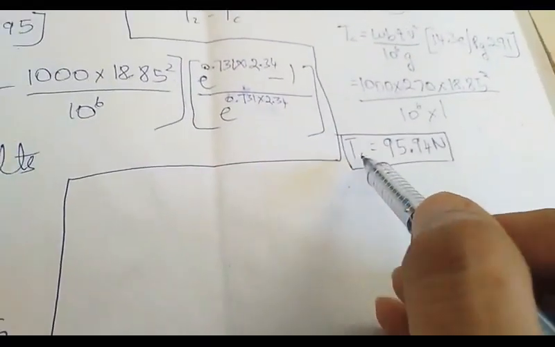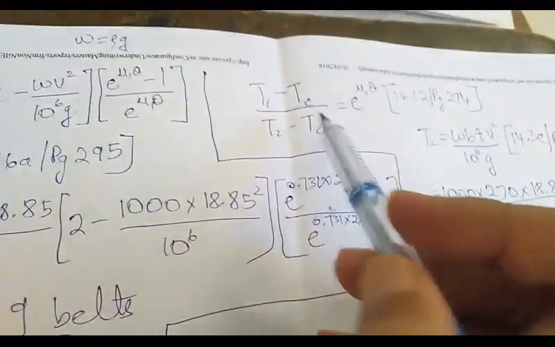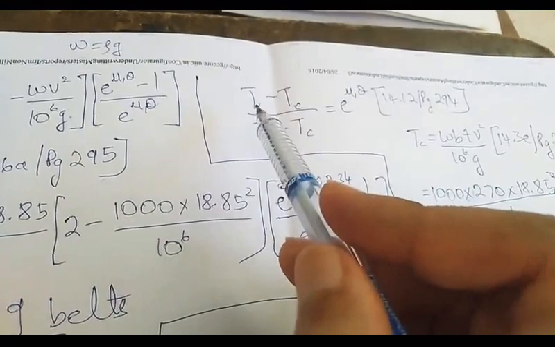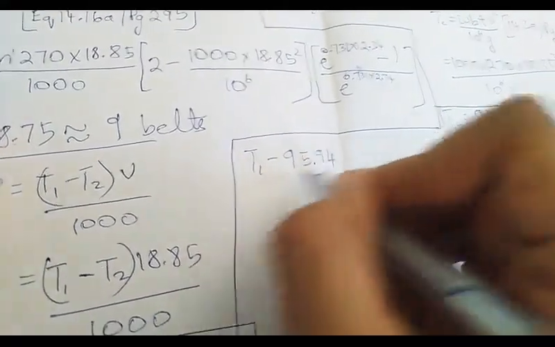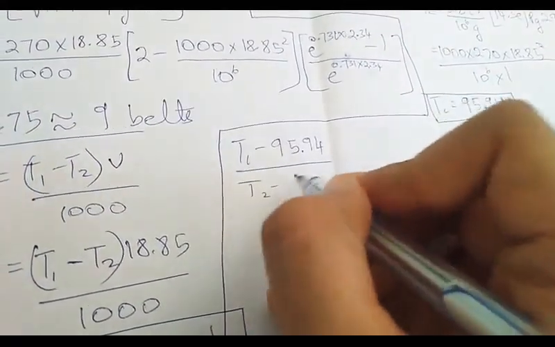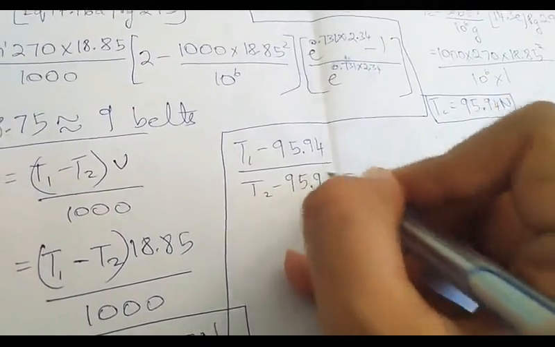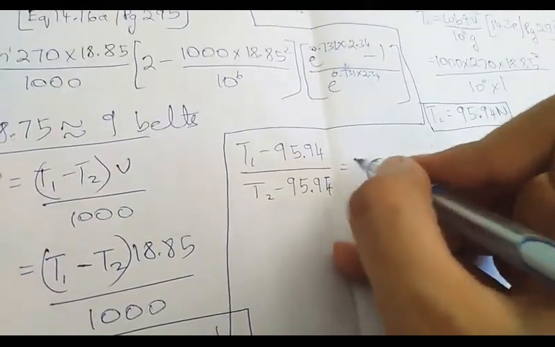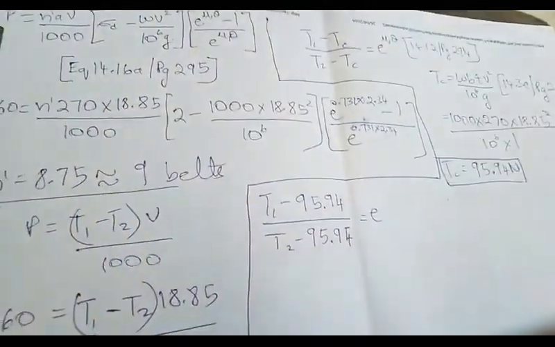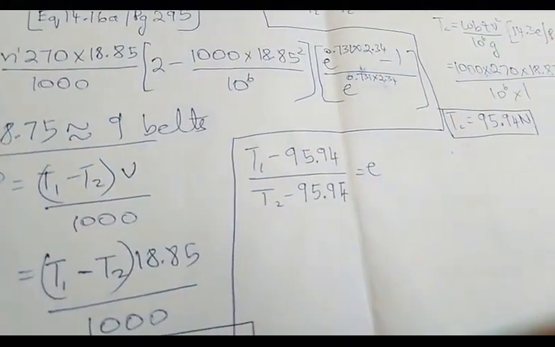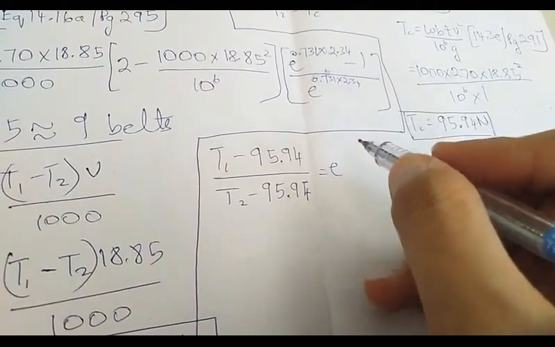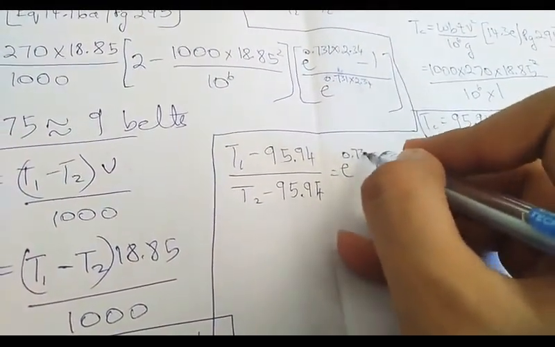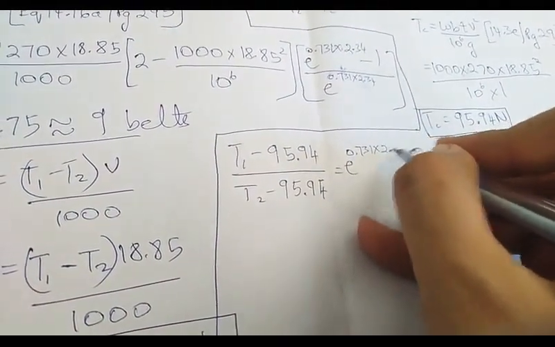Now I'll substitute the value of Tc in this formula. T1 and T2 are still unknown. T1 minus 95.94 by T2 minus 95.94 is equal to e power mu1 theta. E power mu1 theta is e power 0.731 into 2.34.